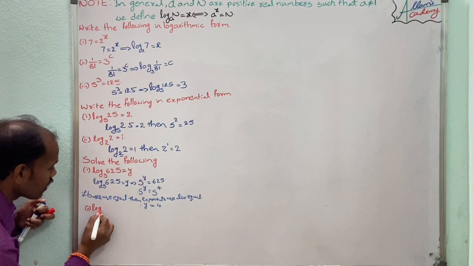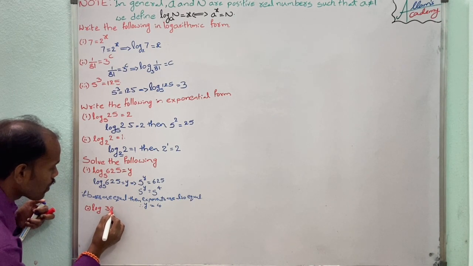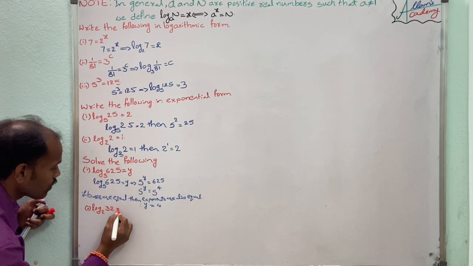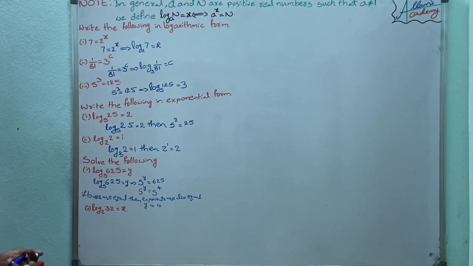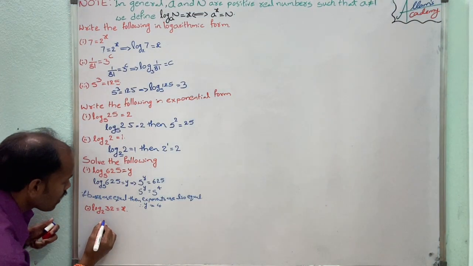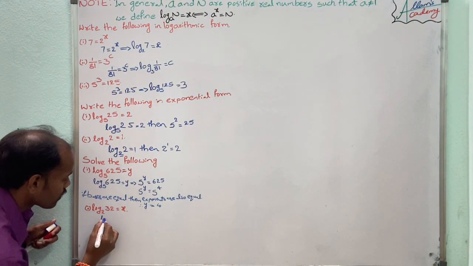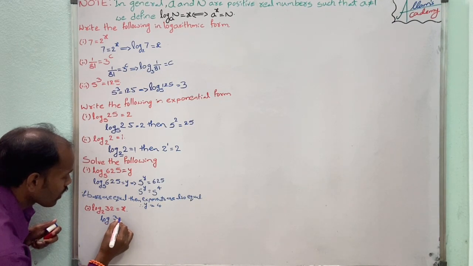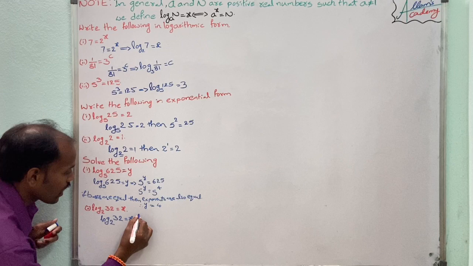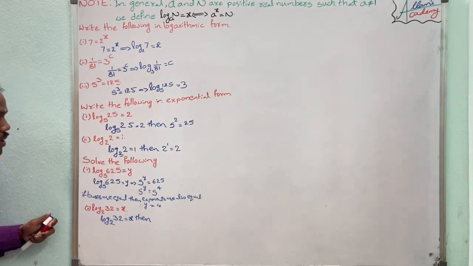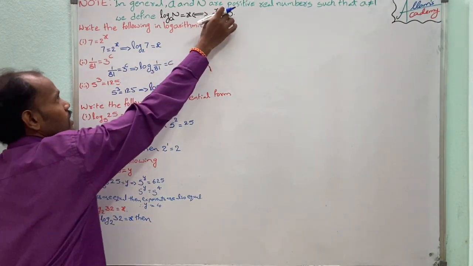Log 32 base 2 equal to x. Now for this problem, log 32 base 2 equal to x is in logarithmic form. In the exponential form, a power x equal to n.